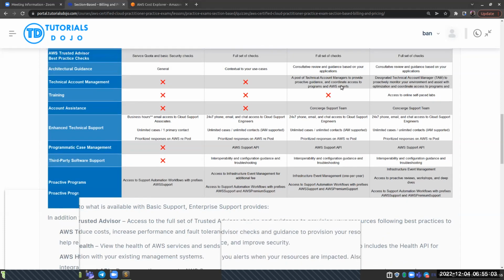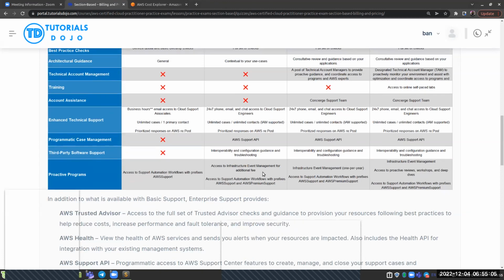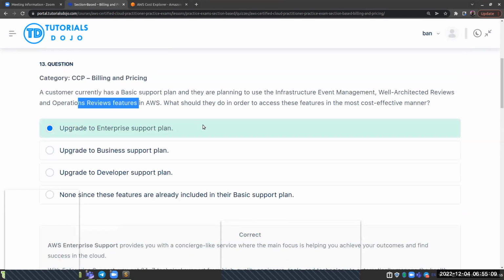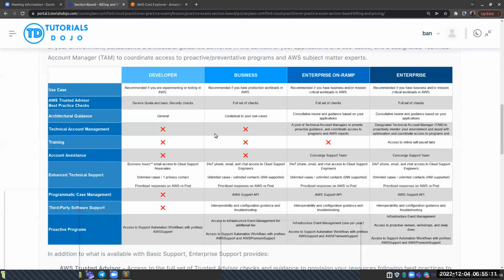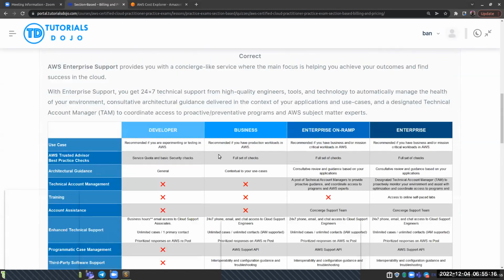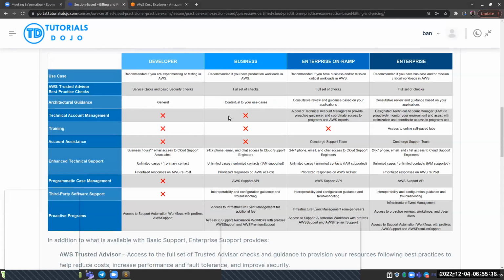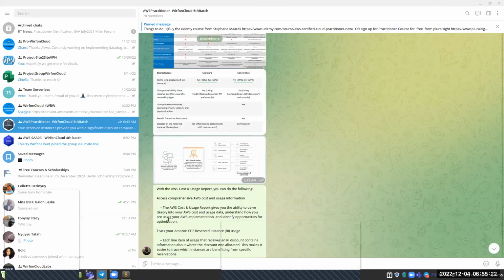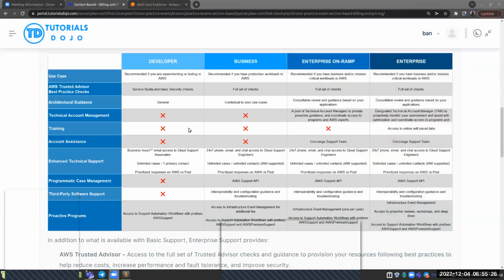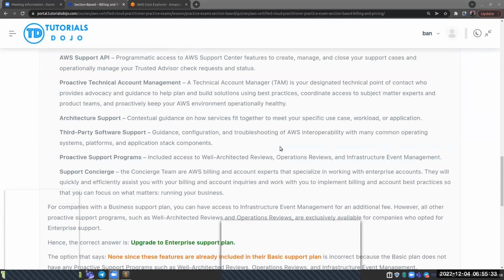The business plan has it for an additional fee. This was well covered in the module on pricing and billing by Lady T, and I shared this table on chat. Make sure that you review that table before you go to the exam, because questions will always come around the table.